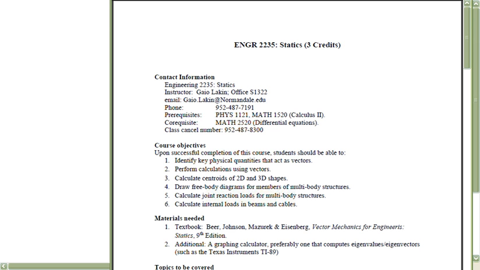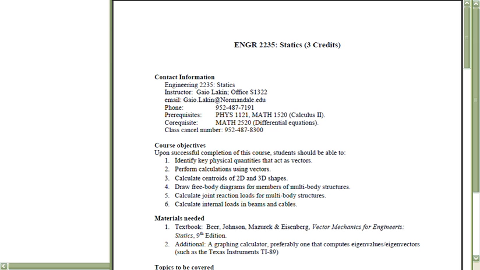The prerequisites are the first semester of engineering physics and Calculus 2. And by the way, Calc 2 is sort of just on there as, I guess there are maybe a total of one full class period that will be using integrals.